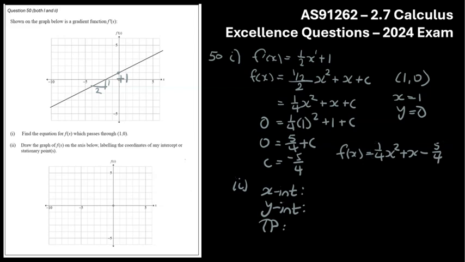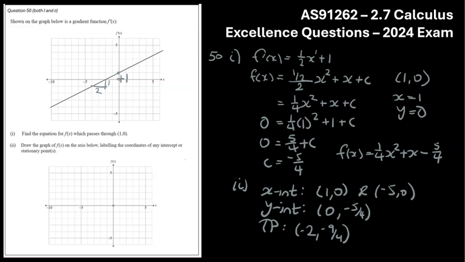I found my x-intercepts, my roots, were (1, 0) and (-5, 0). I then found my y-intercept, that was (0, -5/4). Then I found the turning point, and that was (-2, -9/4).